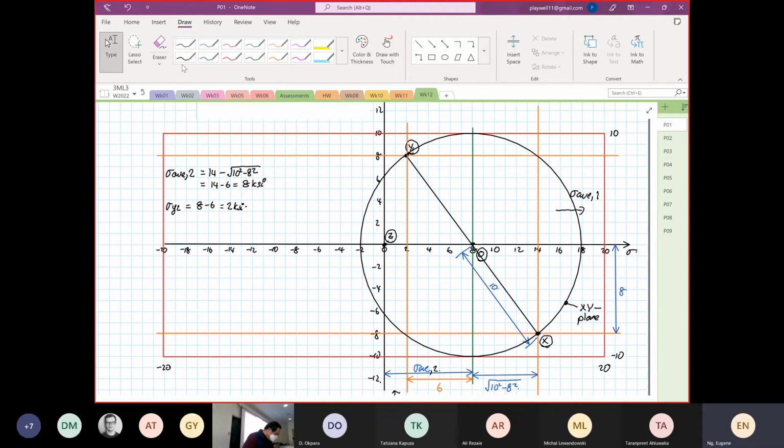Then you can draw 2 more circles. So one circle is over here. I think I have to move this a bit. Okay. So one circle is over here. This circle corresponds to your YZ plane.